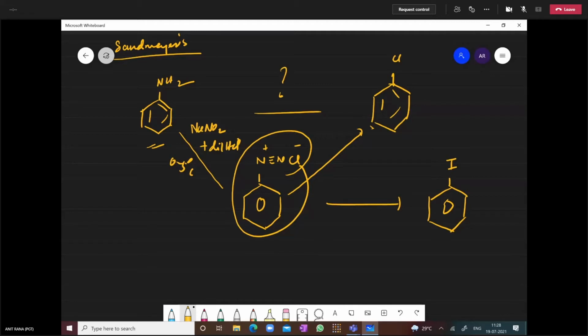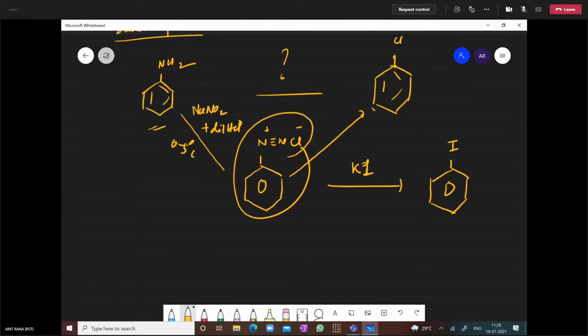Potassium iodide, warm, simple. So likewise, the reagent needed can be asked.